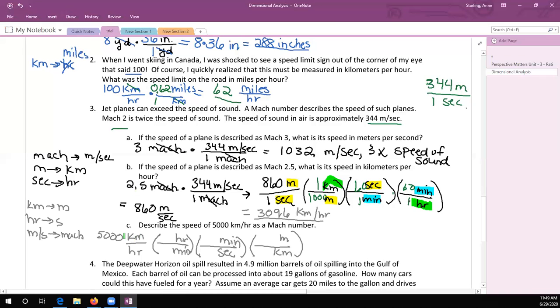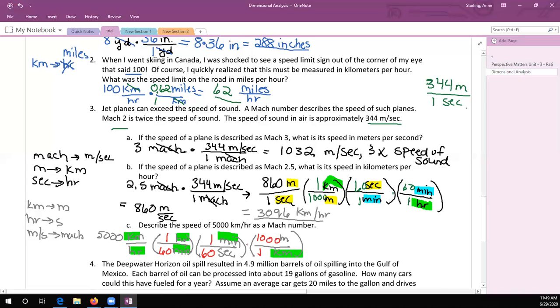That means kilometers cancel, hours cancel, minutes cancel, and I'm back to meters per second. So let's put all those in and then we'll see where we are and regroup. So there's 1 hour in 60 minutes, 1 minute in 60 seconds, 1,000 meters in 1 kilometer.